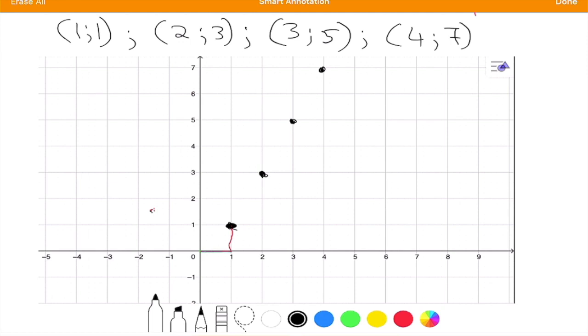And this is all because of the way we defined our function. We said we want n to be a natural number. So we are counting in steps of 1. So anything in between 1 and 2, we don't count. That is why we cannot join these points using a ruler.